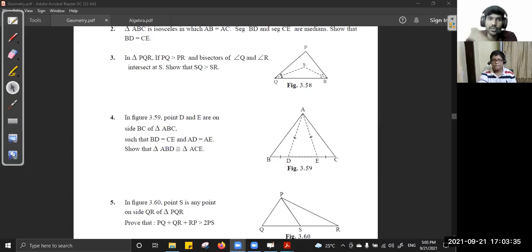Okay, what confusion was there in the 4th sum? You tell me. 4th sum, this one. Show that triangle ABD is similar to triangle ACE.